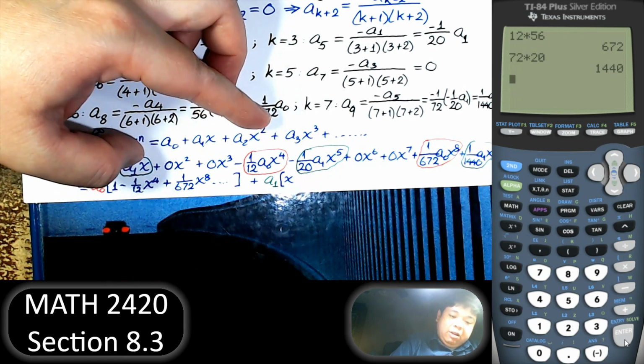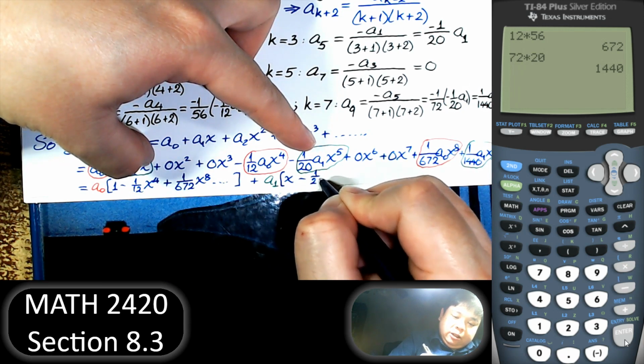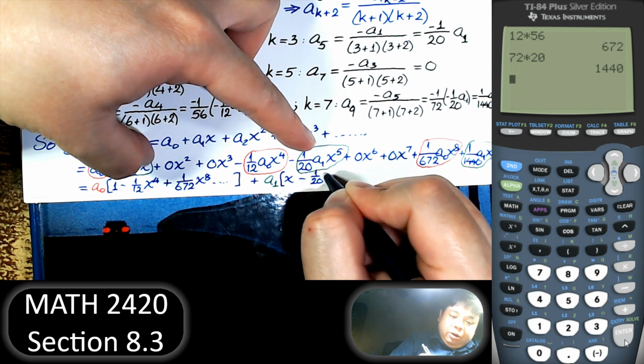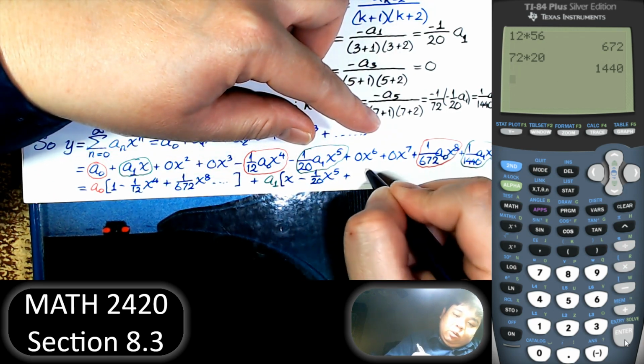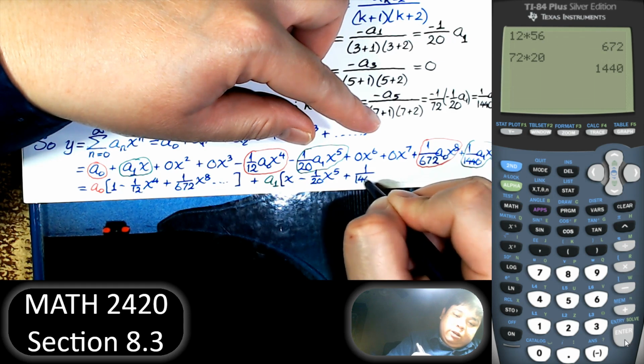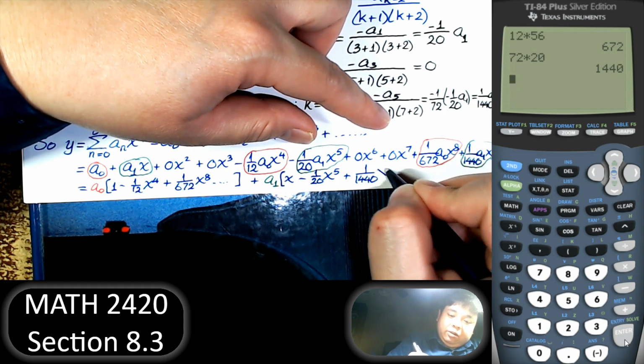There's x, factor out a1, and then we have minus 1 over 20, factor out a1, still x to the 5th, 1 over 1440, factor out a1, still x to the 9.